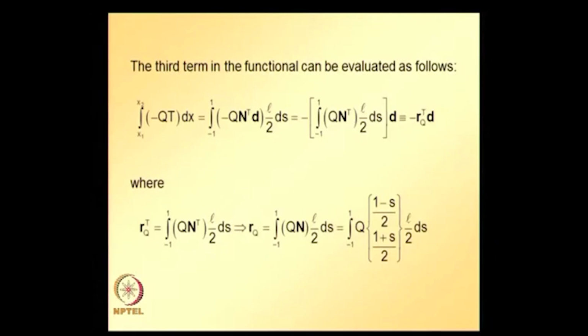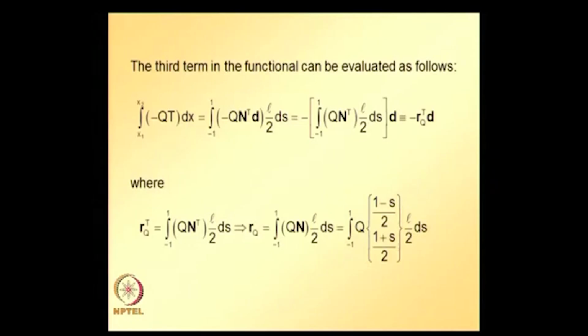If rq transpose is defined in that manner, rq can be written as the integral from -1 to 1 of q times N, L over 2 ds, substituting finite element shape function values. N transpose is defined as [(1 minus s)/2, (1 plus s)/2], so N is put in column vector form.